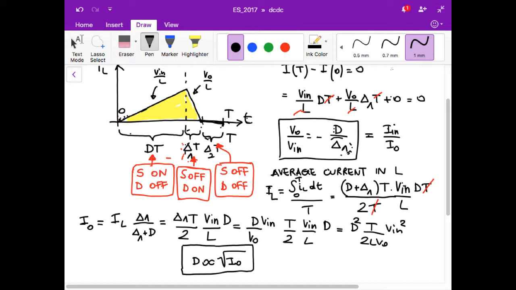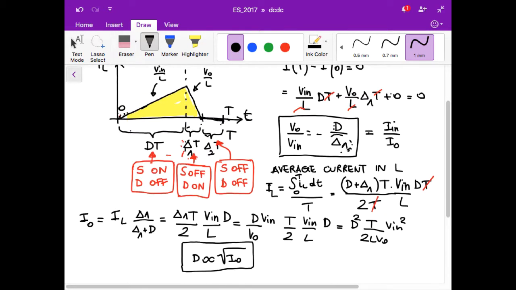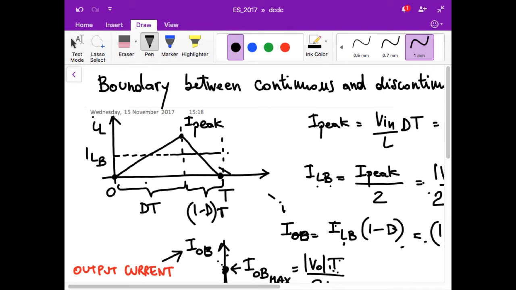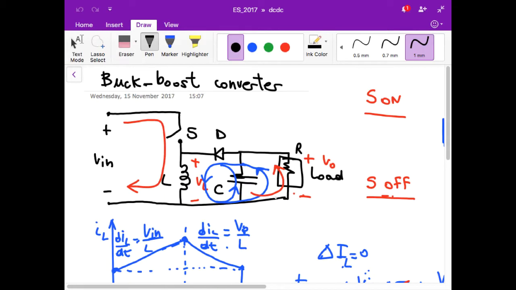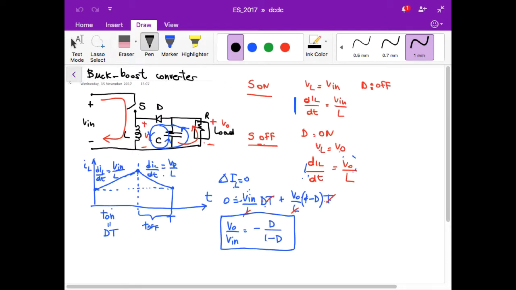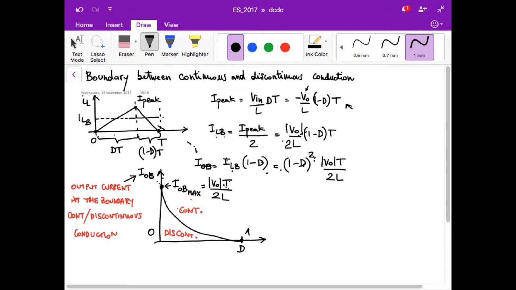This is something that we can summarize graphically. So let me take again this expression. I want to take again this part that we have obtained, this expression.